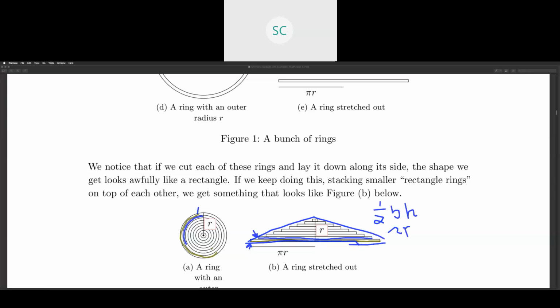But what's the height? Imagine taking this outer ring, how do I say it? So imagine cutting all the rings right here, and then laying them like this.